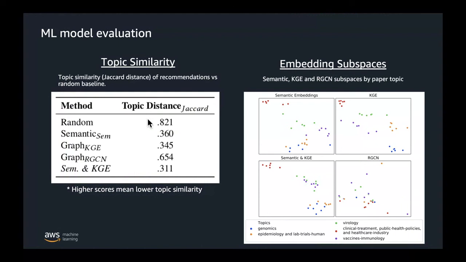And we see that that relation is better kept by the semantic and KGE, and that's why we went for that model.